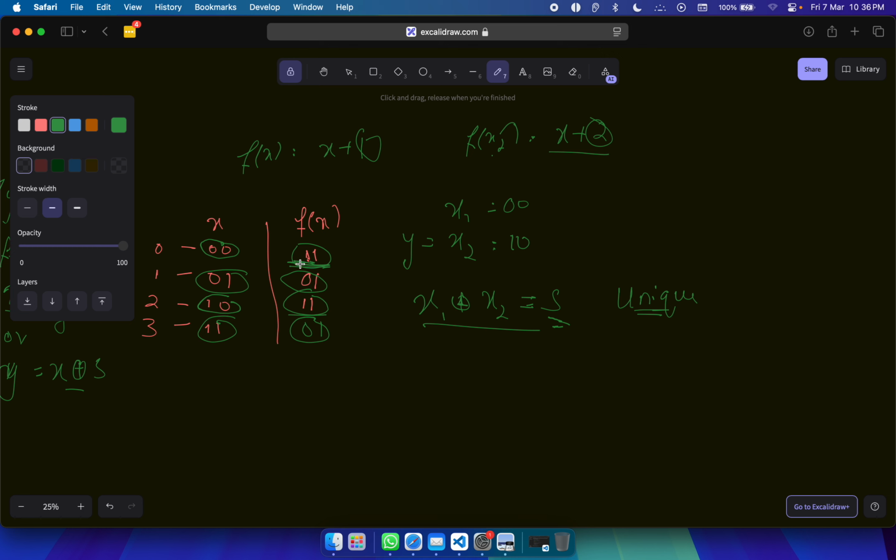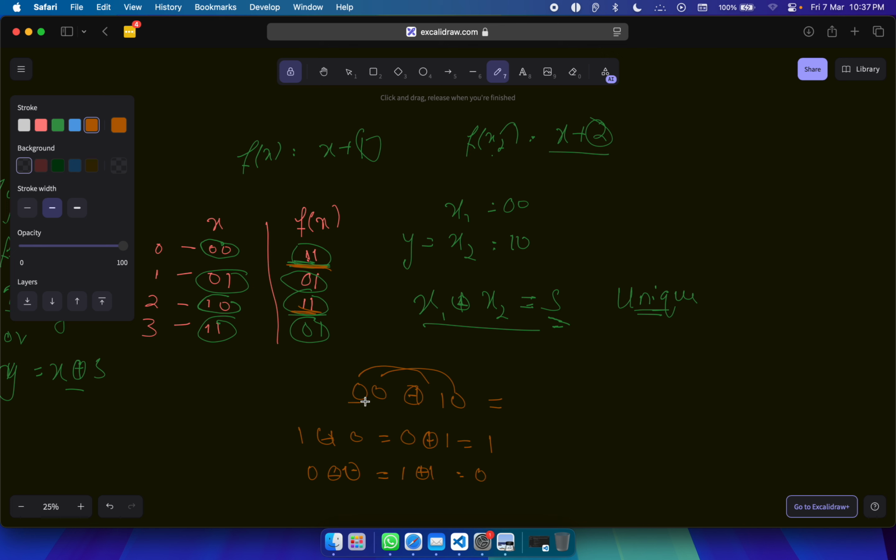Our same output is going to be this one, 1 1 and 1 1. And now let me take the inputs and XOR them with each other. So 0 0 XORed with 1 0, this XORed with this, and this XORed with this. We know the rules that 1 XORed with 0 or 0 XORed with 1 both give you 1, and 0 XORed with 0 or 1 XORed with 1 both give you 0.